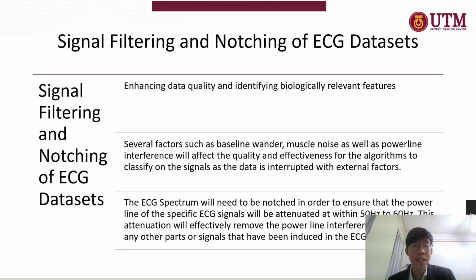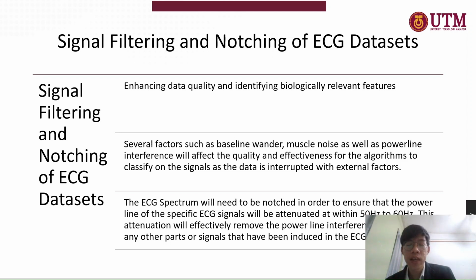Next, I would like to present on the signal filtering and notching of the ECG datasets. It is a very important and crucial step to be executed in dataset preprocessing, as signal filtering and notching of ECG datasets is able to enhance data quality and identify biologically relevant features.